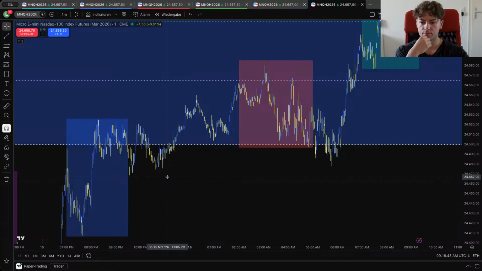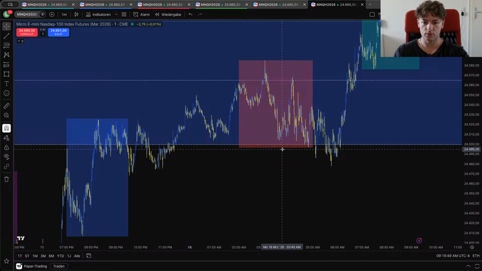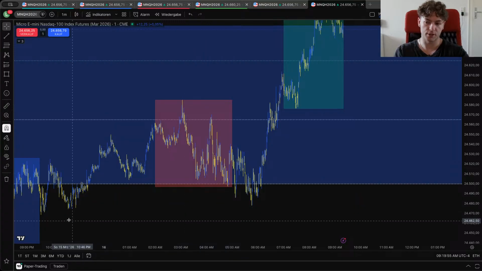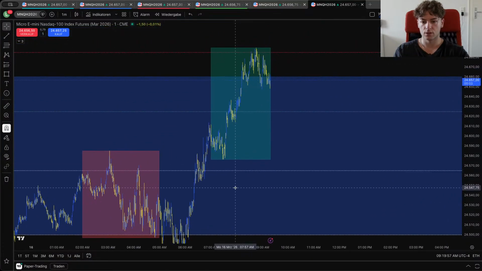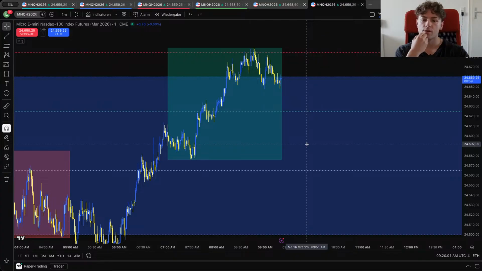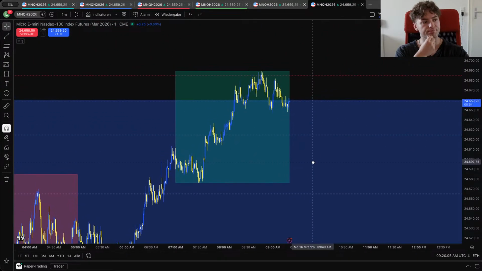We had midnight high taken out, London lows taken out, but these really beautiful relatively equal lows remain. So yeah, let's see if price is willing to seek lower prices.